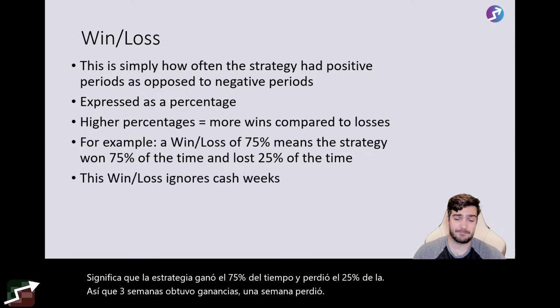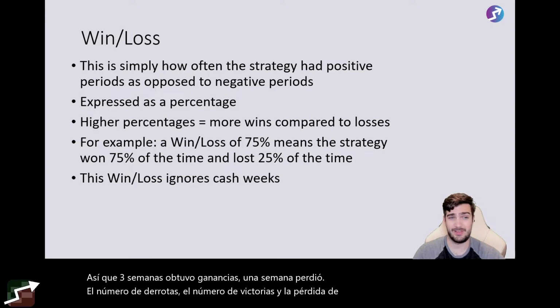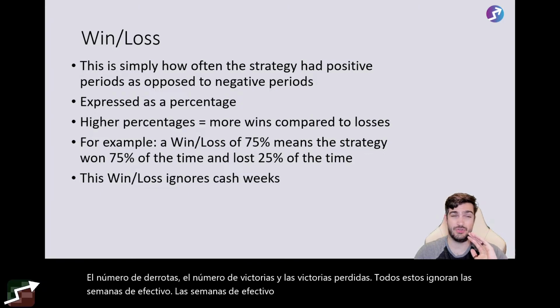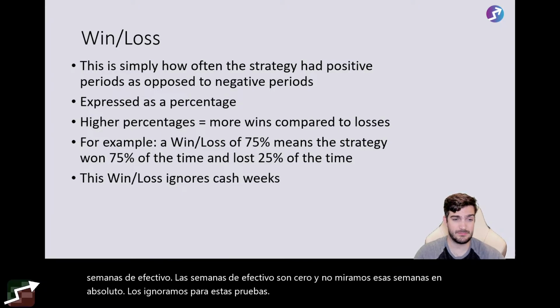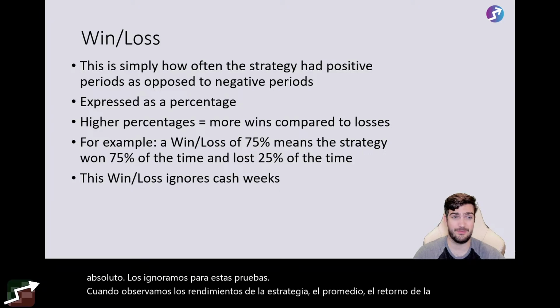It should be noted, the number of losses, number of wins, and win-loss, all of these ignore cash weeks. Cash weeks are 0, and we don't look at those weeks at all. We ignore them for these tests. When we're looking at strategy returns, the average strategy return, that does include cash weeks.